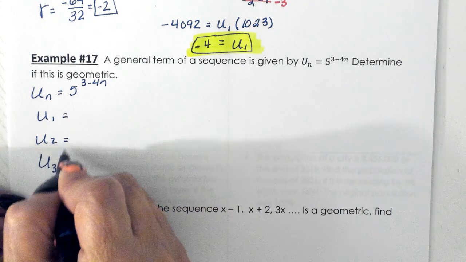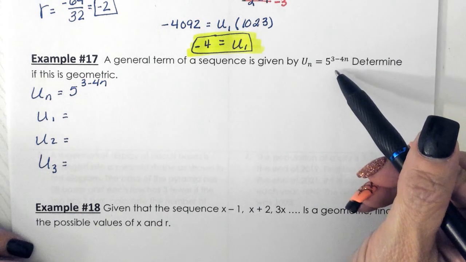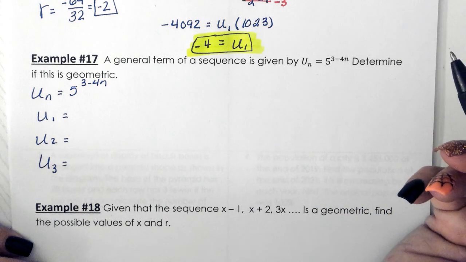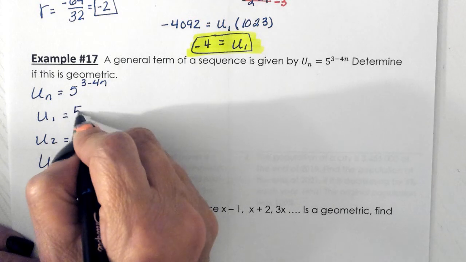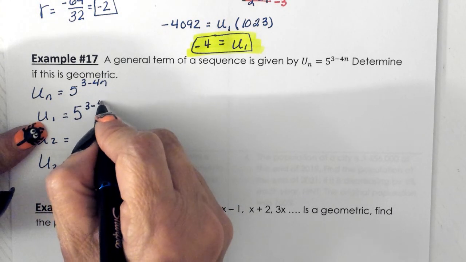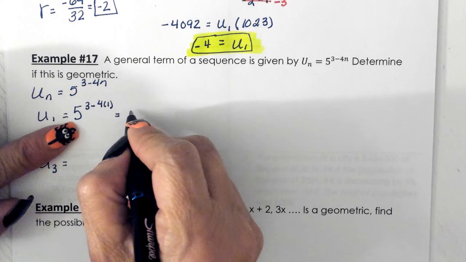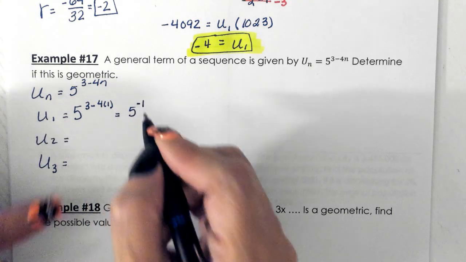Now, in my opinion, the easiest way to do it would probably be to put this in my calculator, but we'll do it this way. Oh my goodness, my haunted dryer washer. Okay, this is 4 times 1. So this would be 5 to the 3 minus 4, which is 5 to the negative 1.